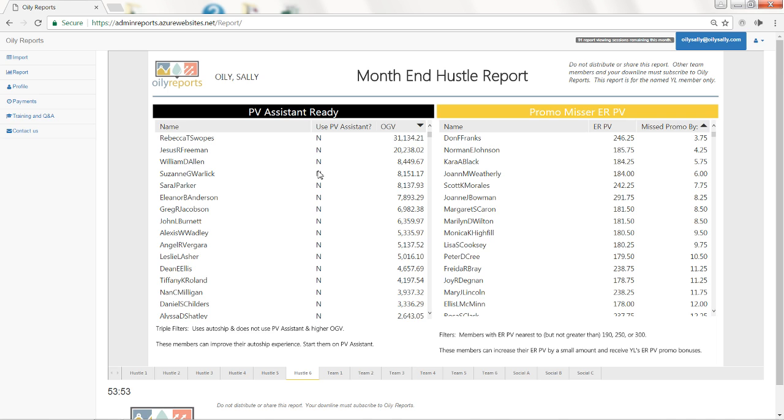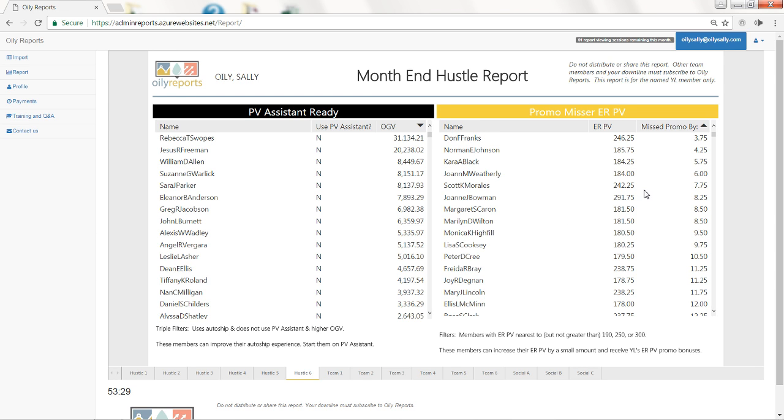PV Assistant Ready, these members use auto ship, and they do not use PV Assistant, and they have higher OGV, and the higher OGV they have, the more likely they would benefit from the use of PV Assistant. So use those to improve their auto ship experience and start them on PV Assistant. Promo Missers is a great one.